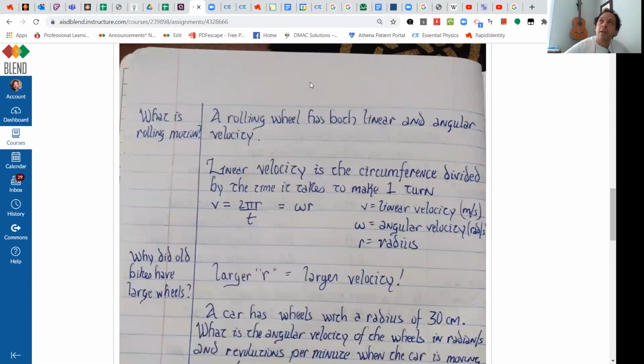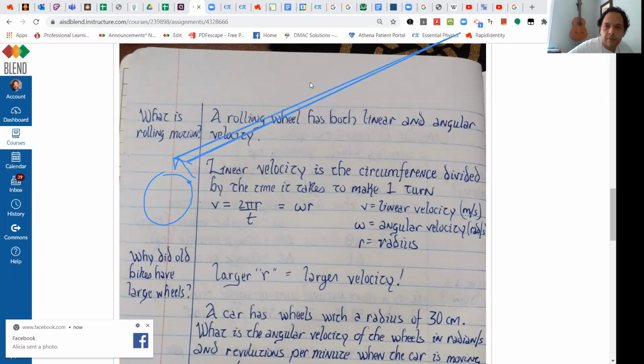This is related to a wheel that's turning, and we know the angular velocity, but how fast is it going? What's its velocity? I think what it's going to look like is if you have a wheel and you have a point on the wheel, what is that velocity?